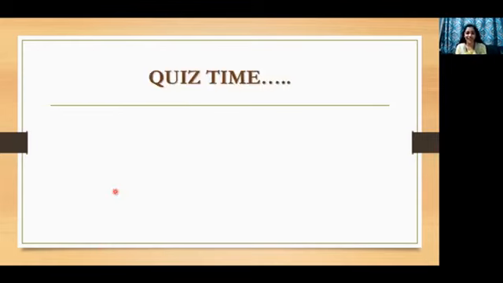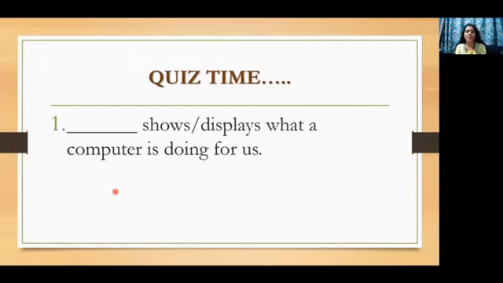So now it's a quiz time. Okay, let's revise what we have studied. Ma'am will ask you some questions. You have to answer me. Are you ready? Our first question is, dash shows or displays what a computer is doing for us.